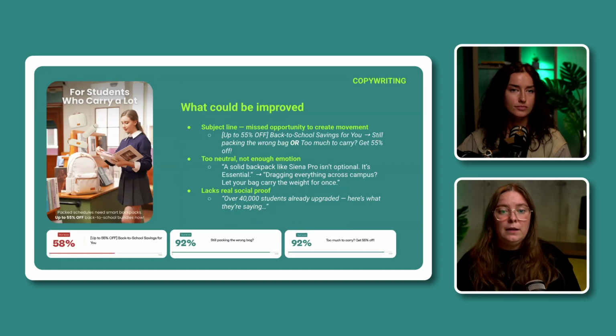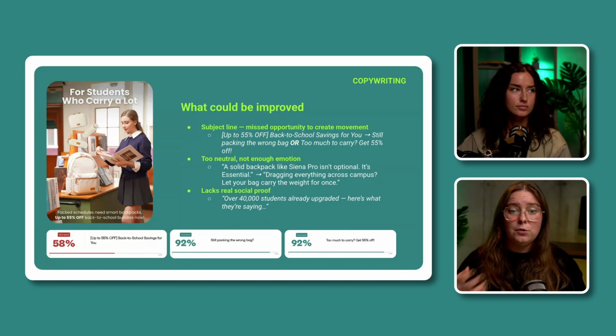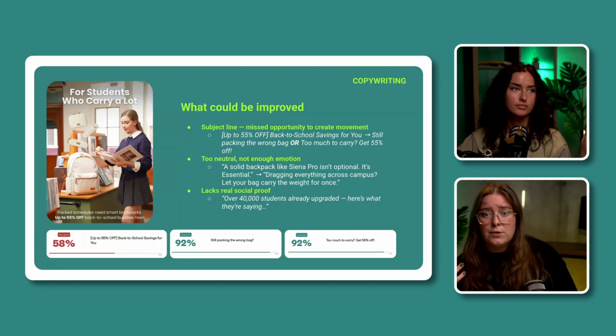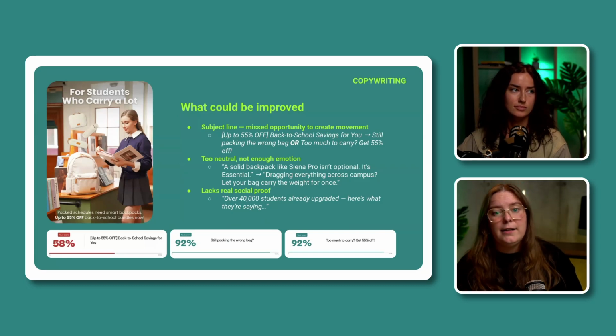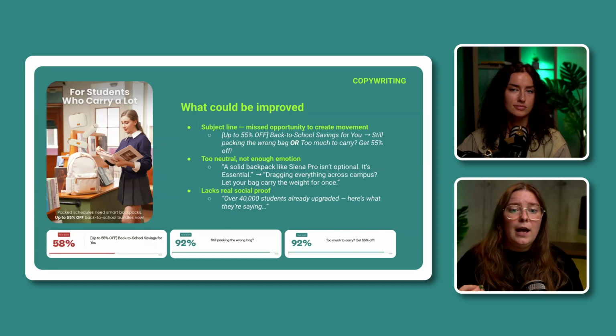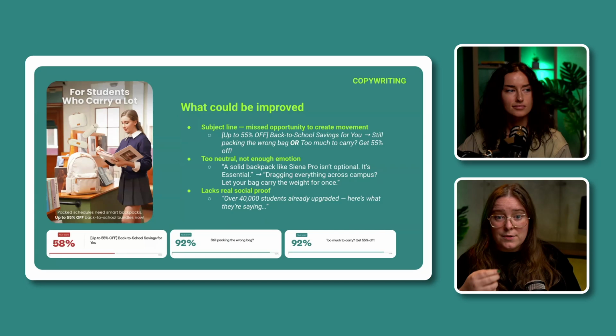Now, what could be improved? In my opinion, the subject line was kind of a missed opportunity to create more movement. We have the up to 55% off back to school savings for you, which is factual, but it's a little bit flat. There is no urgency, no curiosity, no emotional pull. Alternatives could be, for example, still packing the wrong bag, or too much to carry, get 55% off.